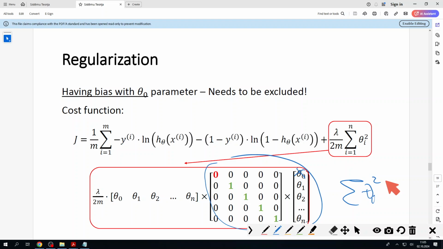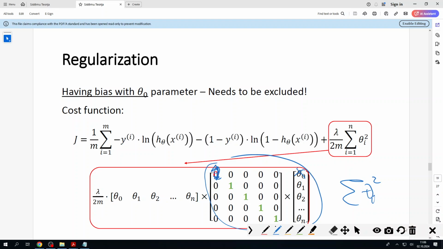You simply, in addition to the regular theta vector, multiply theta row by theta column, and in between add this identity matrix where you have intentionally nullified the first element, yes? Because a normal identity matrix would have 1 here as well. Well, because you have nullified this first element, it's going to nullify this theta 0 and this theta 0, so it will not participate in the calculation of the sum of squares, which is what we wanted to do. So not as difficult to do as you imagined.